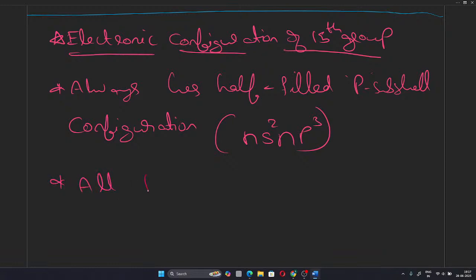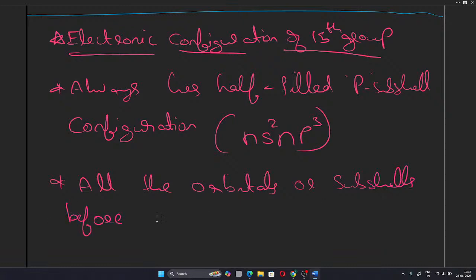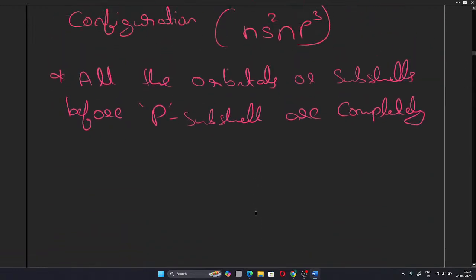All the orbitals or subshells before the p subshell are completely filled with electrons.